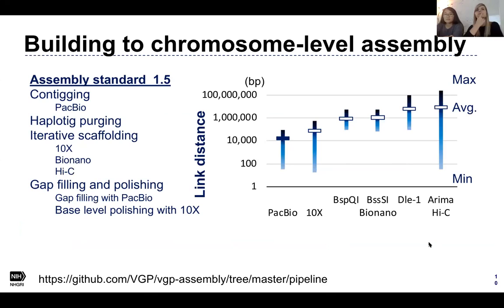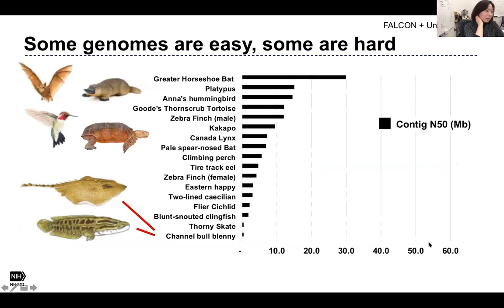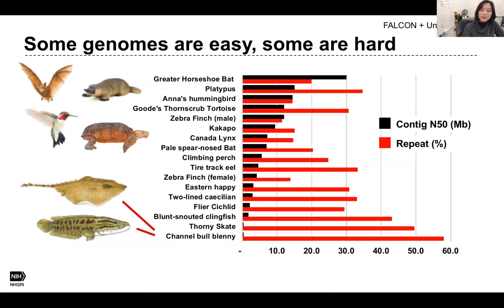So I believe the next one is about the repeats. So here, these were the genomes from the first batch release of the phase 1 genomes. The black bars are the contig N50s in megabases. As you can see, some genomes get pretty good contiguity, but some genomes very low, like the skate and the channel blenny.